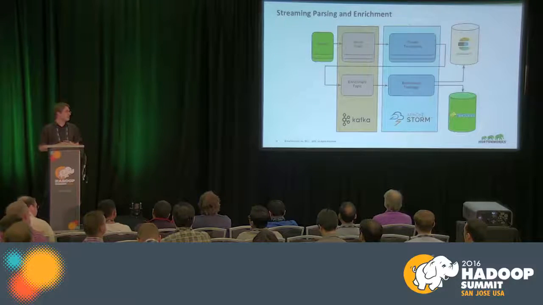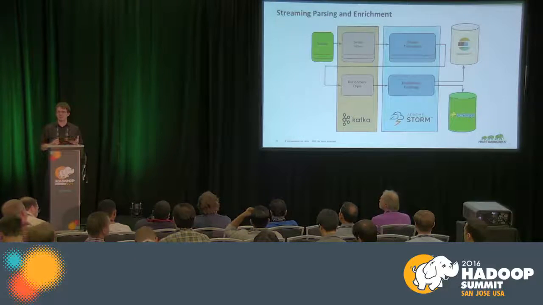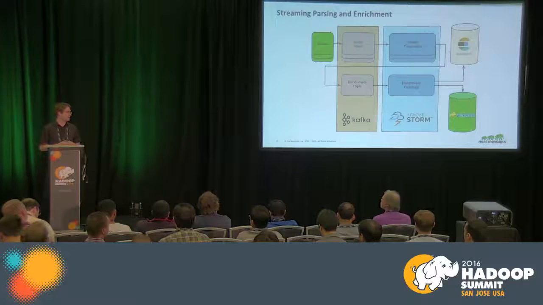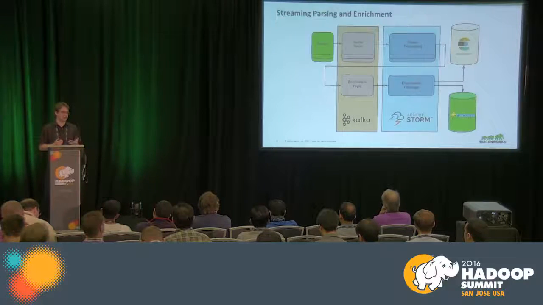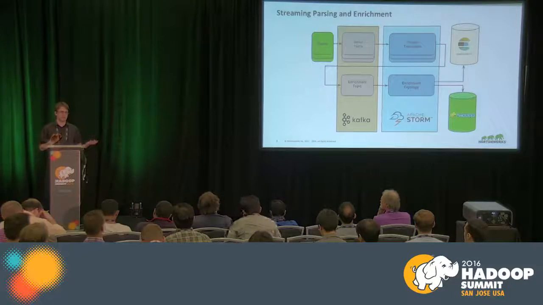Once we have everything landed, there's a set of topologies that will be spun up for our sensors that know how to understand and deal with the data in them. I'll dig into a very basic sensor a little while later, but we're going to spin up essentially one of these topologies for each sensor. Each topology is going to read from one topic per sensor.